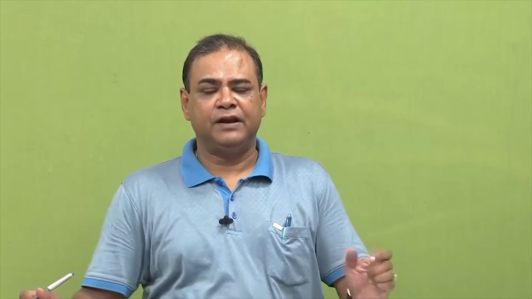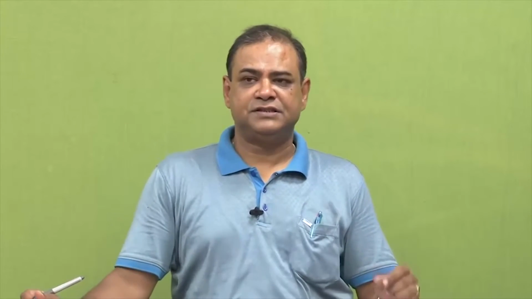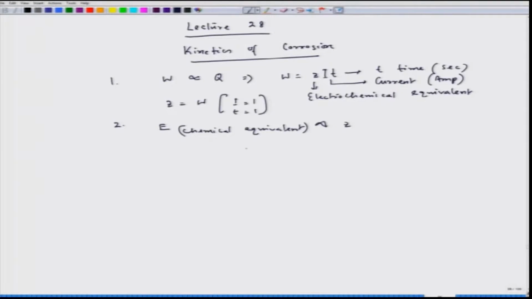So, we see that every time this 1 Faraday of electricity or the charge is nothing but equal to the chemical equivalent or the gram equivalent of that particular substance. Now, if we say that E is proportional to Z, then E equal to F Z. So, F is basically the 1 Faraday and Z is electrochemical equivalent.